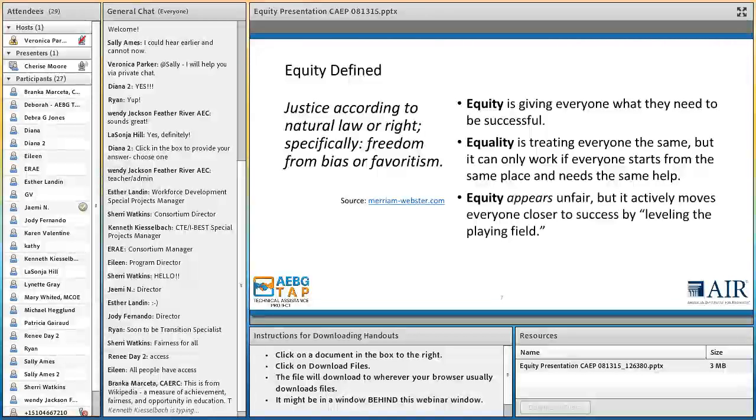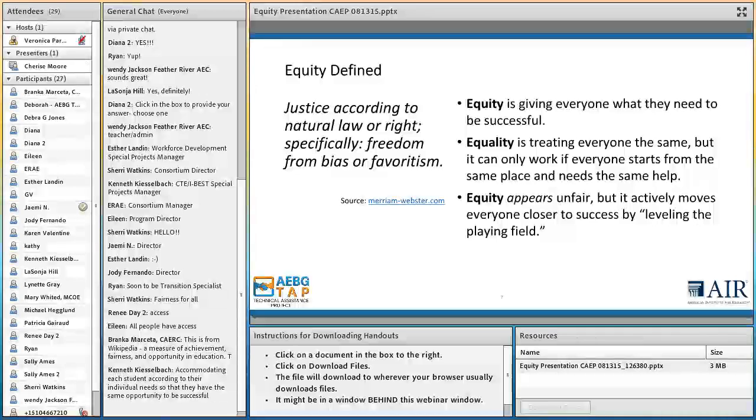The challenge is that sometimes equity can appear to be unfair, and I saw that in some of our comments and definitions. It can appear unfair because it might be giving someone else a little bit more and someone else a little bit less.